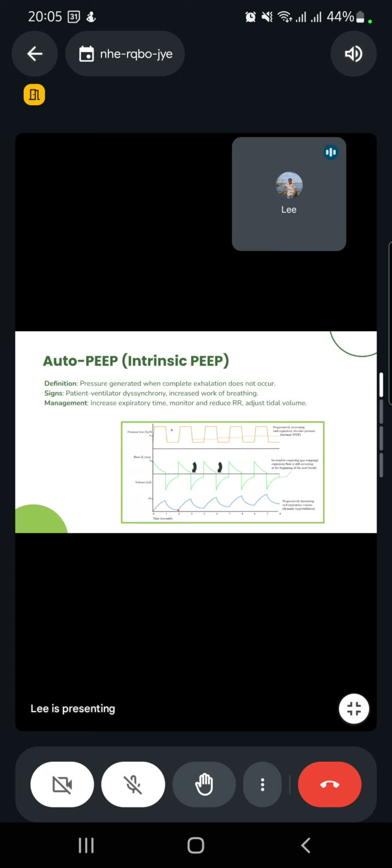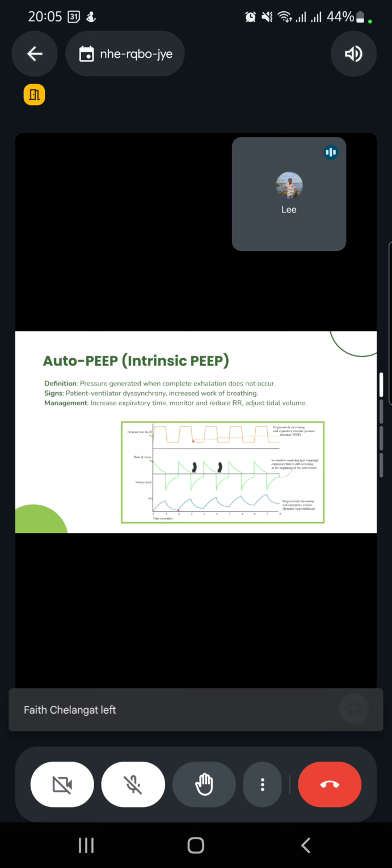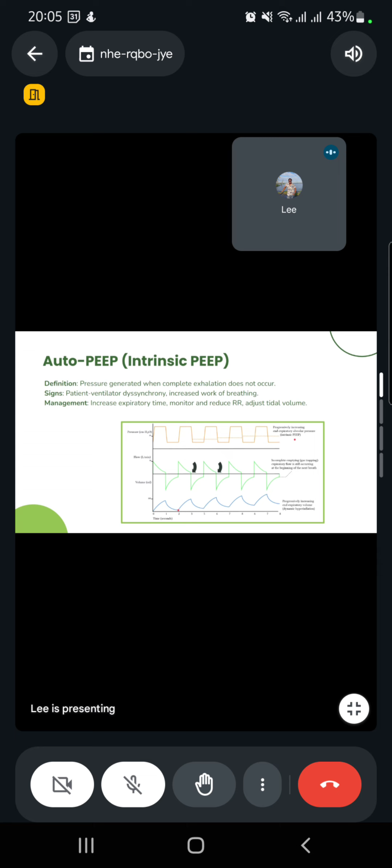And if you consider this, let's look at the pressure time graph. You're able to see that the pressure is slowly building up. And this is what you're going to call your intrinsic PEEP. And if you look at your flow graph, you're going to see this is exactly what is happening.